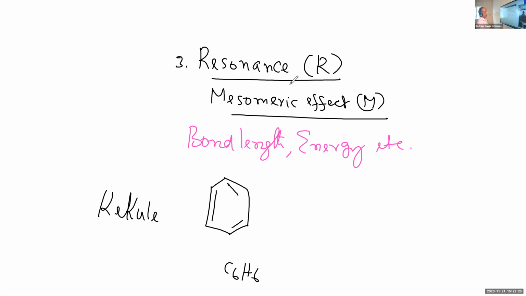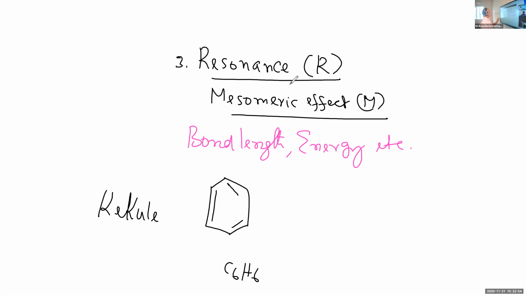We have studied this already. But in benzene, there is only one type of carbon-carbon bond length, 139 picometer. That is something between the carbon-carbon double bond and the single bond, 154 and 124, something different between these two.